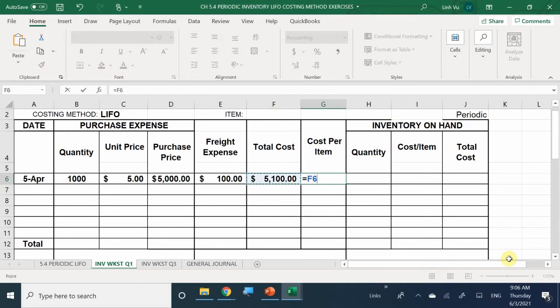So what is going to be my cost per item here? Total cost divided by quantity. $5.10.